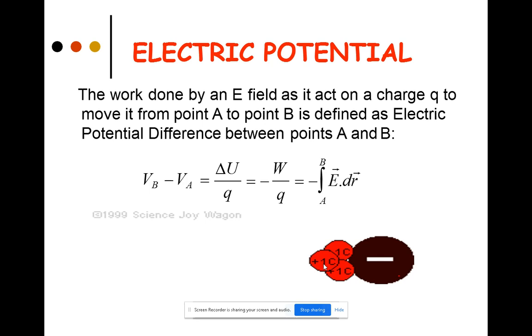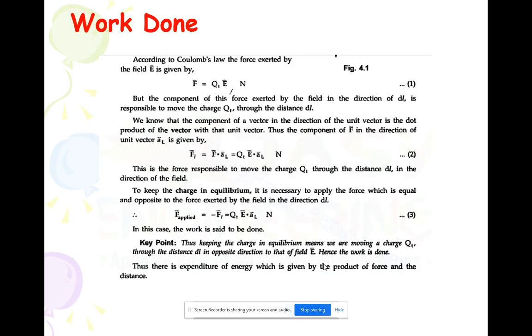The electric potential difference between points A and B is represented by VB minus VA. This work done by the charge gives the electric potential difference. We are going to see that elaborately.